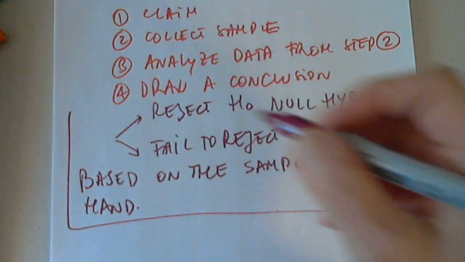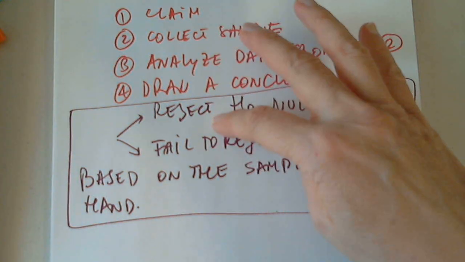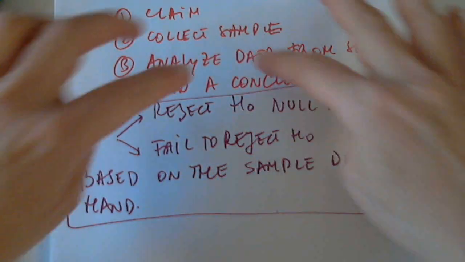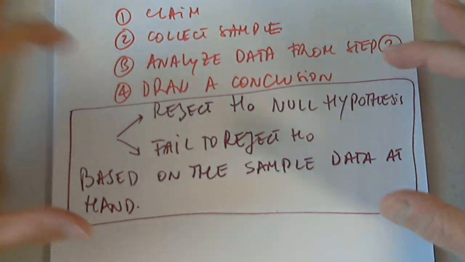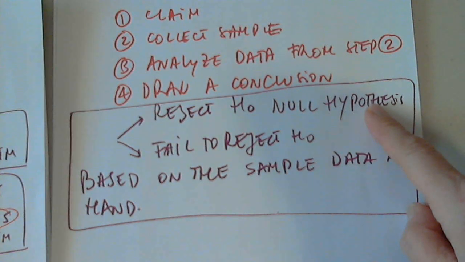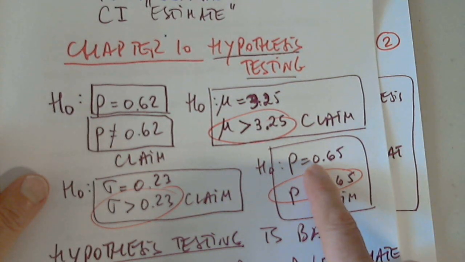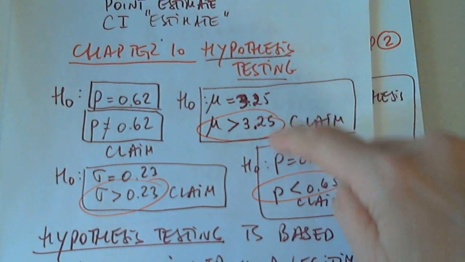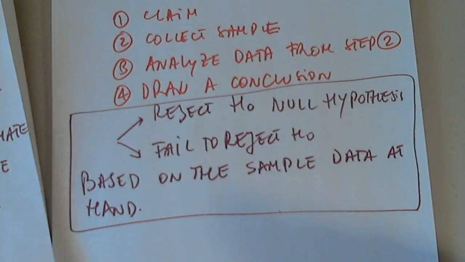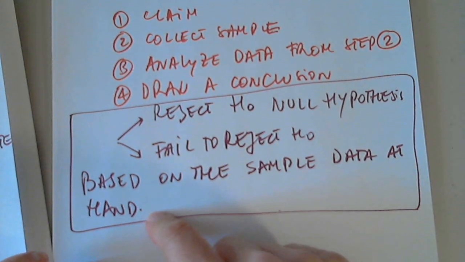This is extremely important to remember. Every time I conduct these four steps and analyze the data, I either reject what I knew from the past based on the data or fail to reject it. And I have to write, based on the sample data at hand.